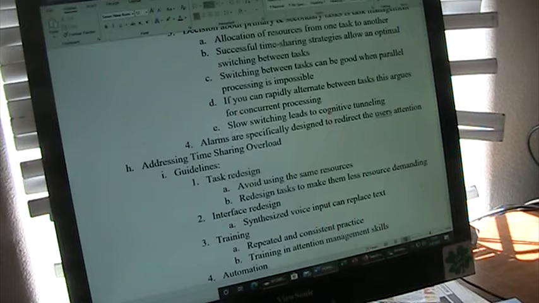If we can rapidly alternate between the tasks, then the argument is that is concurrent processing.